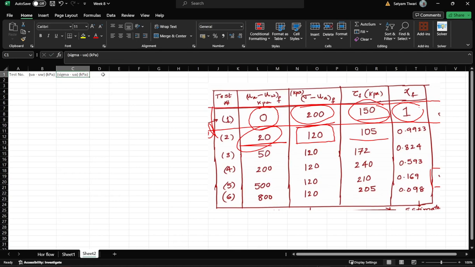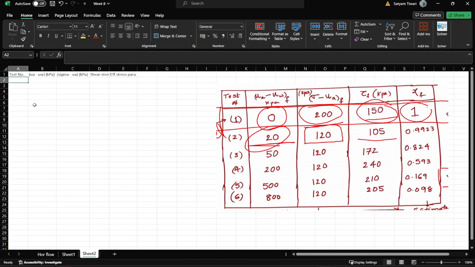The third term is going to be the shear stress, that's also in kPa. And the last value is the effective stress parameter we are determining. So for the first test, second test, third test, fourth, fifth and sixth.